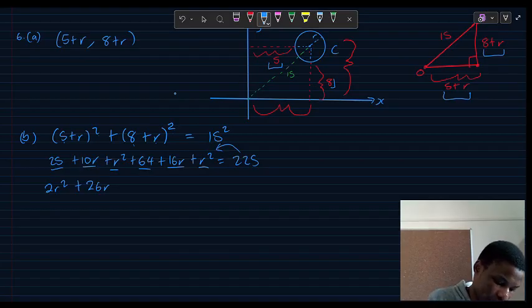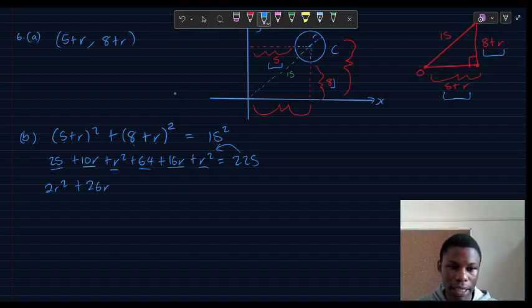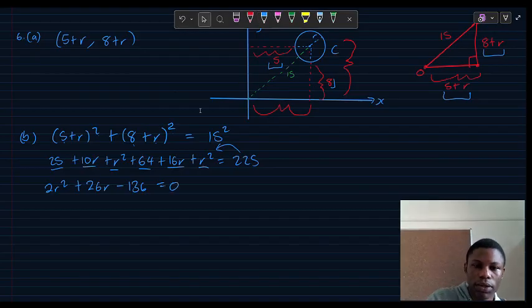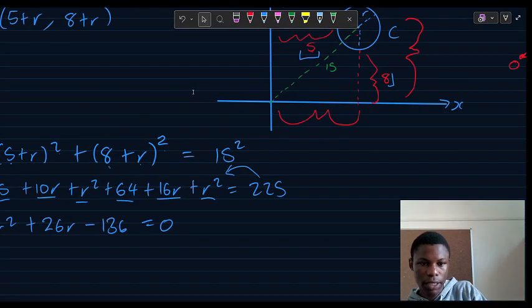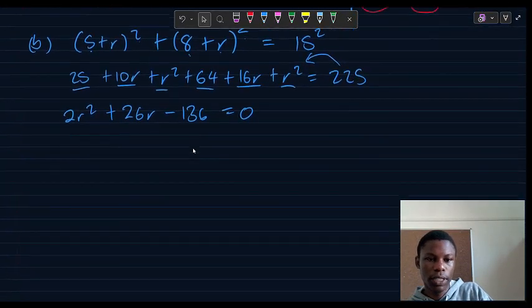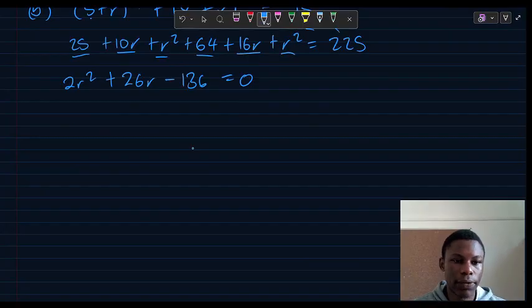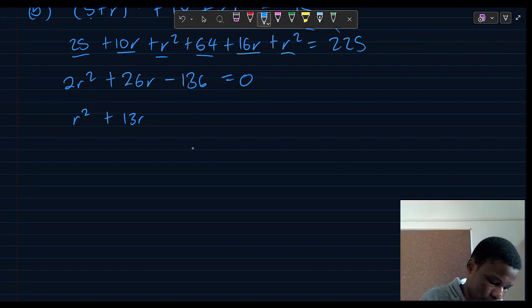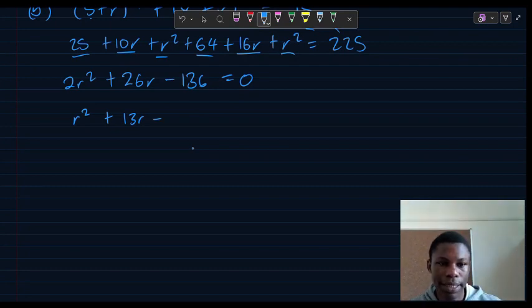So 25 plus 64 minus 225 gives us minus 136. And this is all equal to 0. And clearly, this is all divisible by 2. So I can divide through by 2 and get r squared plus 13r. Then we've got 136 divided by 2, so minus 68 is equal to 0.